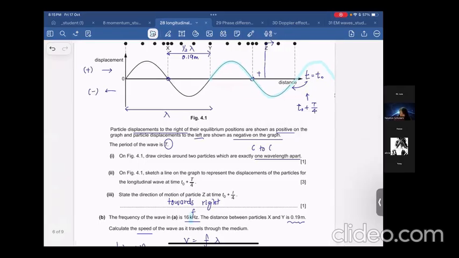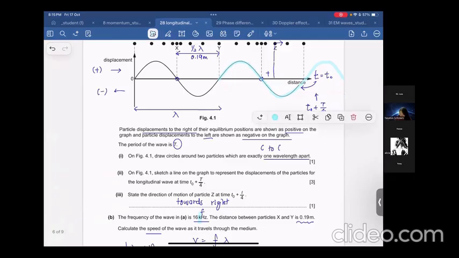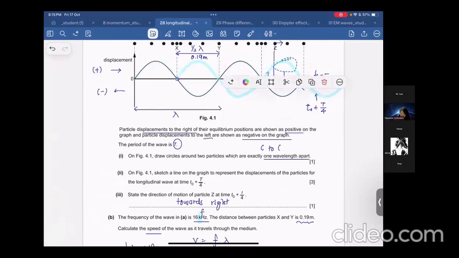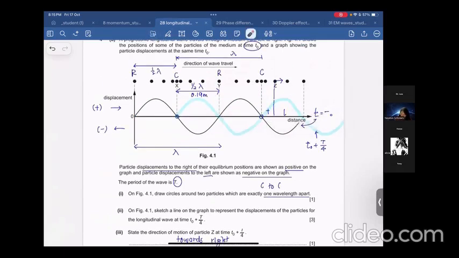Half of the wavelength should be somewhere here, because this is half of the wavelength. If half of the wavelength, the wavefront pattern should be like this. If half and half again, that means T equals 1 over 4, so you move forward again.